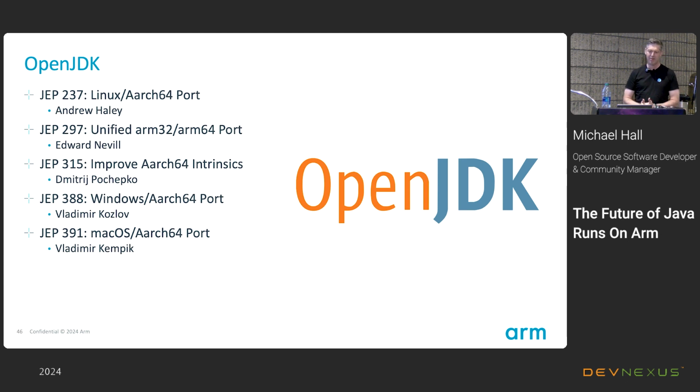Then in JEP 315, there was a lot of work that went into Hotspot to add ARM intrinsics to that. So if you were in the talk just before lunch, I think it was, where he was talking about all of the ways that the JIT compiler is optimizing code, including using hardware intrinsics. There was a lot of work that went into using Intel and AMD's set of intrinsics previously.